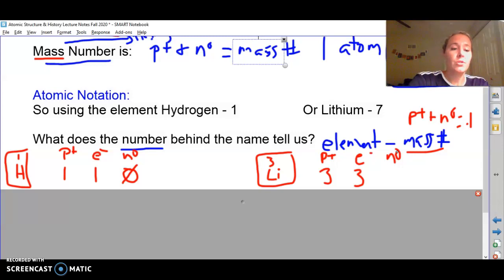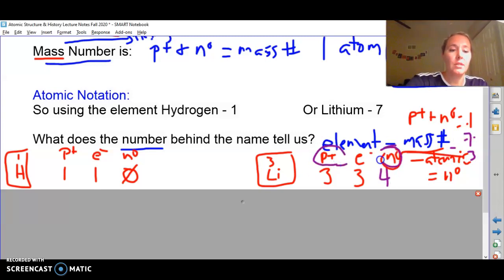Another way to do this is that mass number minus atomic number, the number of protons, equals neutrons. So if we take our mass number, we have 7 minus the 3, we should get 4. Or you can think about it: protons plus neutrons have to equal 7. So the 3 plus the 4 have to equal 7 there.